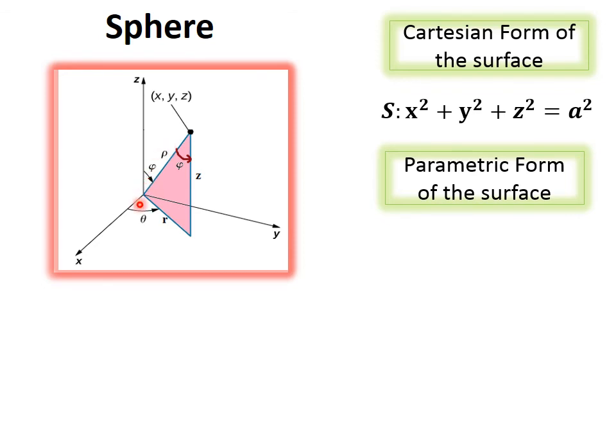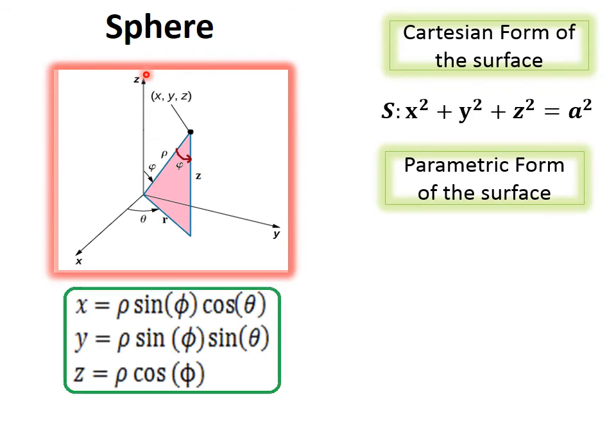Here, rho is one of the parameters, which is the distance from the origin to the point in space. The second parameter theta is the positive tilt from the x-axis. The third parameter phi is the positive tilt from the z-axis. The transformation is x equal to rho sin phi cos theta, y equal to rho sin phi sin theta, z equal to rho cos phi.